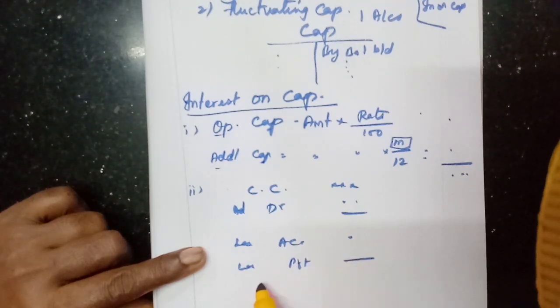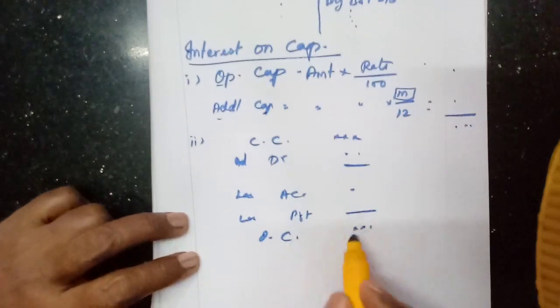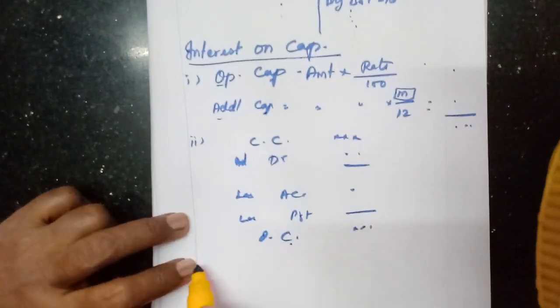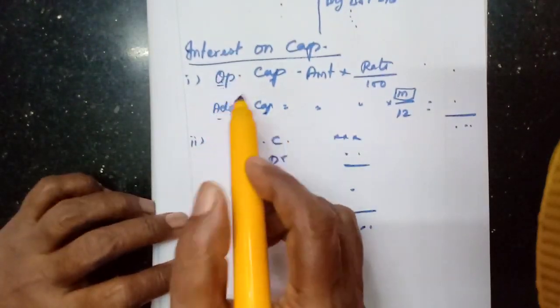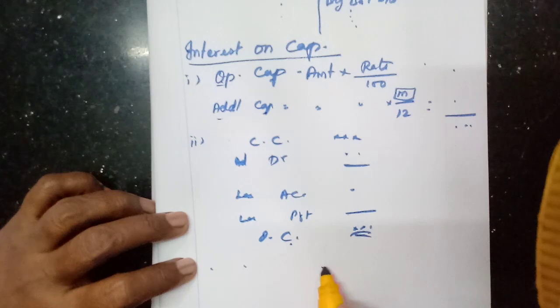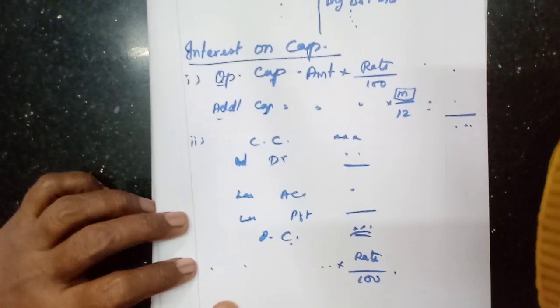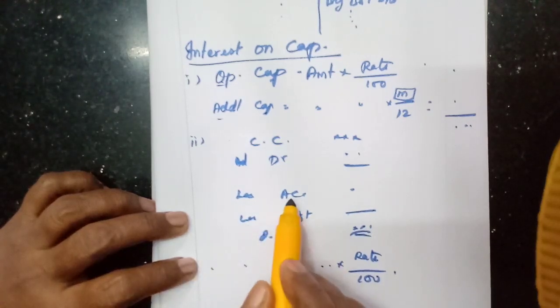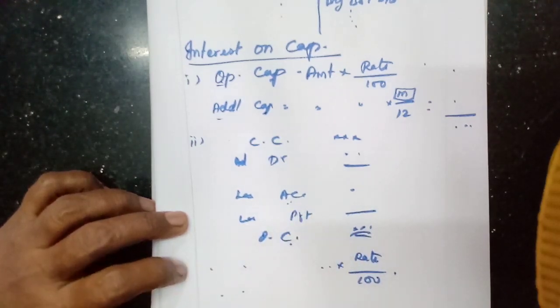We will get the opening capital. From this we again need to calculate: opening capital is equal to the amount we have calculated, into rate by 100. Then if there is additional capital, for this one again we need to calculate.